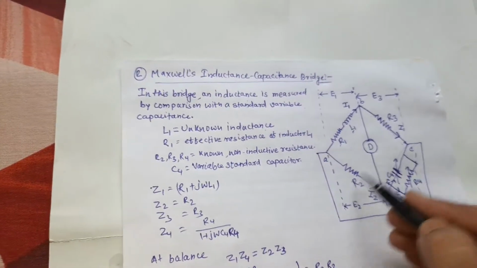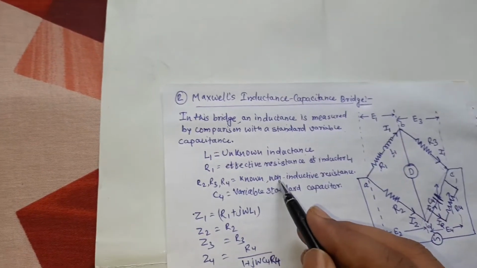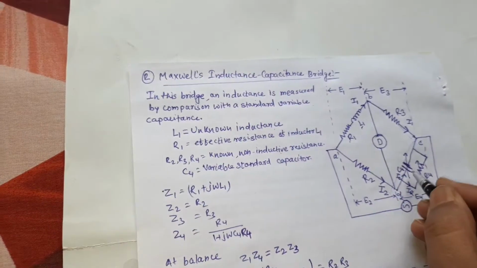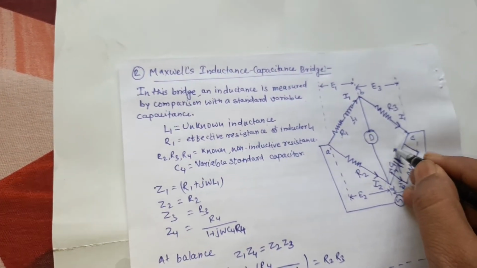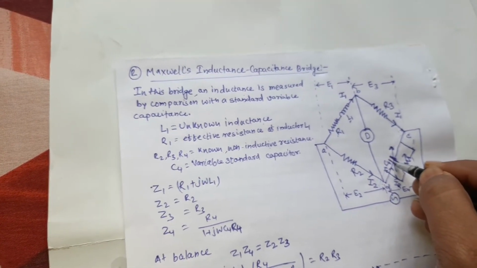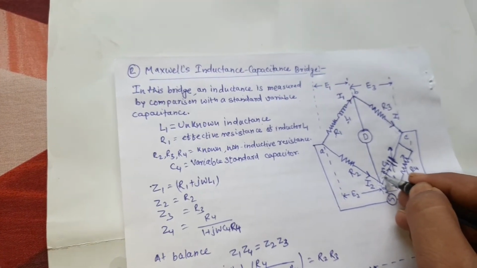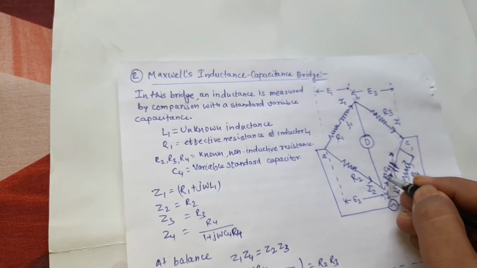Suppose R2, R3 and R4 are known non-inductive resistances, and there is a variable capacitor. That means in branch 4 there is a parallel combination of variable capacitor and variable resistance. So branch current I2 is now divided into two parts.